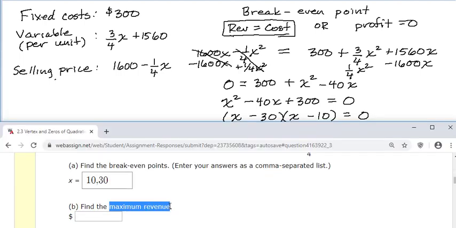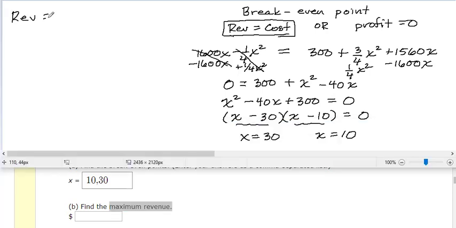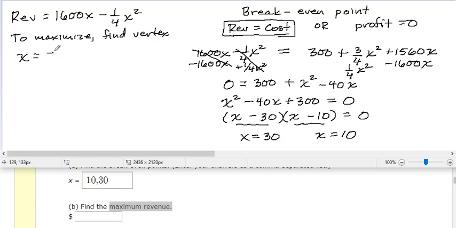Okay, maximum revenue is a totally different question than break-even points. It happens at a different number of units. Break-even points are when I have 0 profit, and here I want to have the largest possible revenue. My revenue function, to find the maximum, I find the vertex, and that happens at negative b over 2 times a.